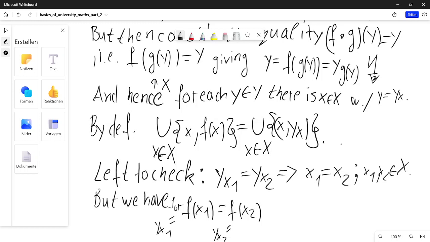We have that g of f of x1 equals g of f of x2, because we are applying g to the same element, right? It's the same mathematical object, we apply to the same object g.